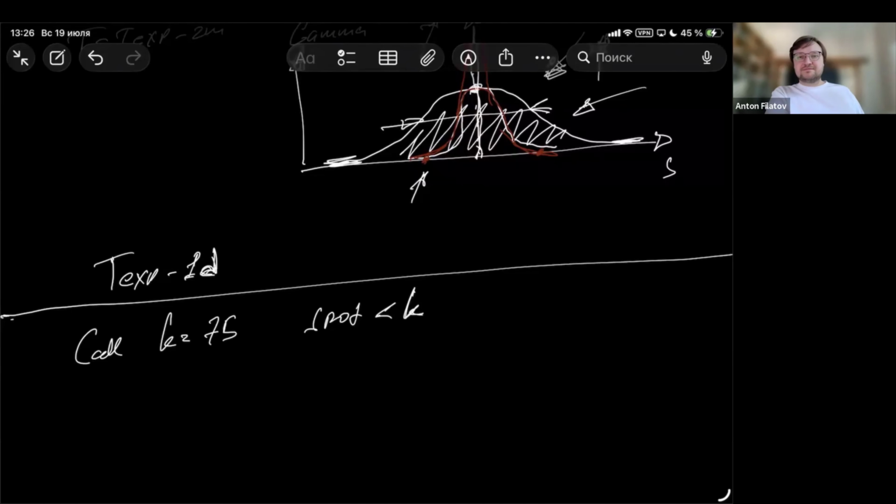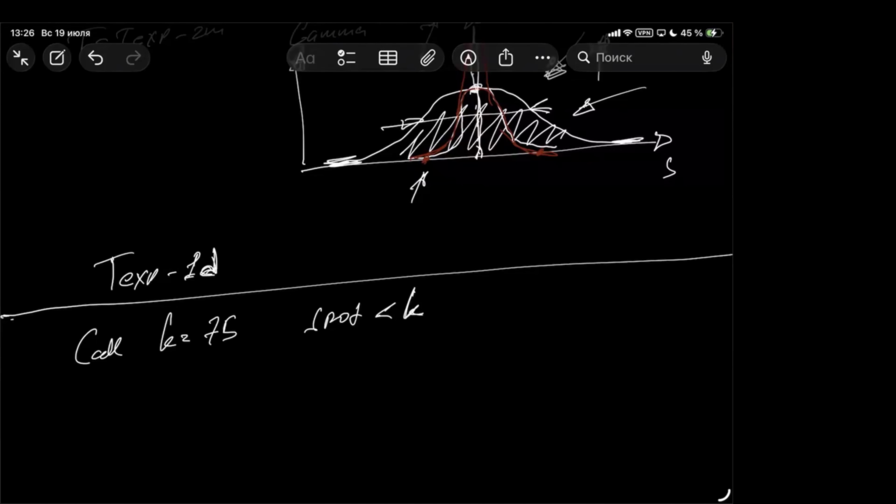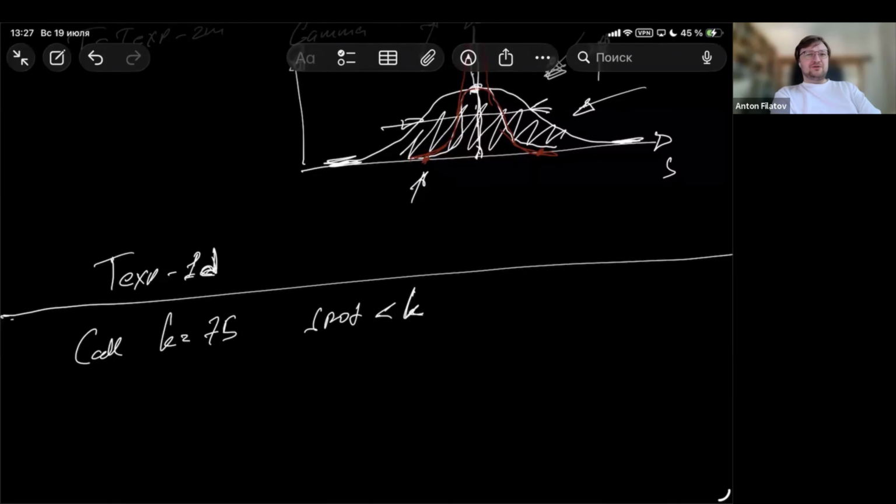If there is only 1 day left and the spot is lower than the strike, I would exercise this call option, because in time of 1 day with a high probability, my value will turn into dust. Your value is technically already dust, because strike is higher than the spot.